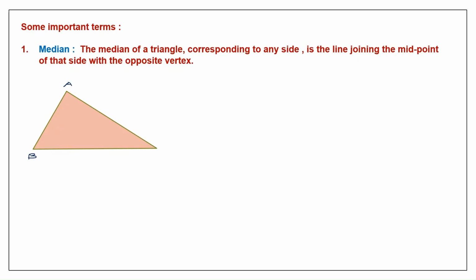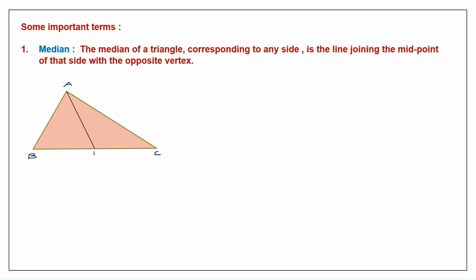Now, if we are talking about line BC, the midpoint of this line is the point in the middle which divides this into two equal halves, and from that point to the opposite vertex. What you draw like this is called the median.